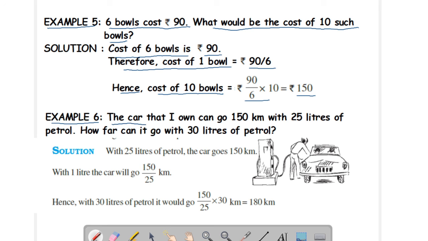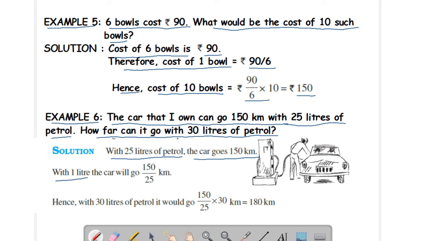Now come to example 6. The car that I own can go 150 km with 25 liters of petrol. How far can it go with 30 liters of petrol? See the solution. With 25 liters of petrol, the car goes 150 km.